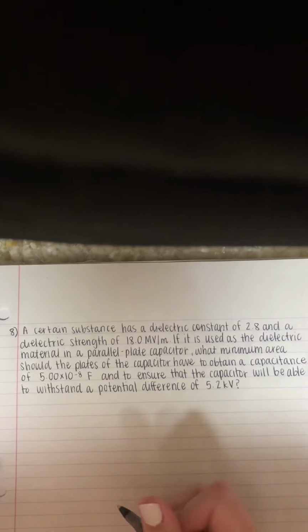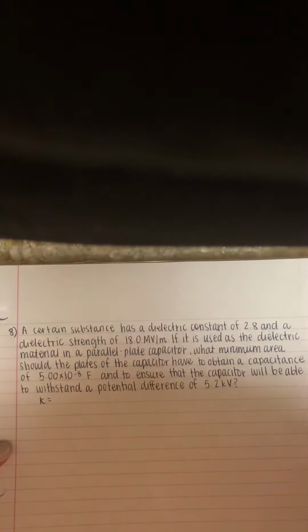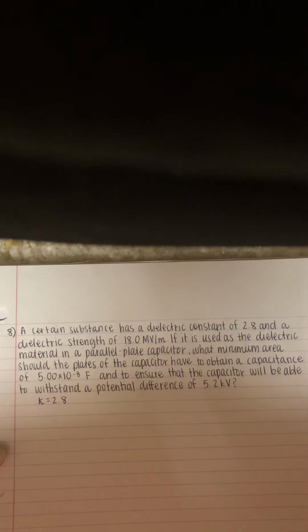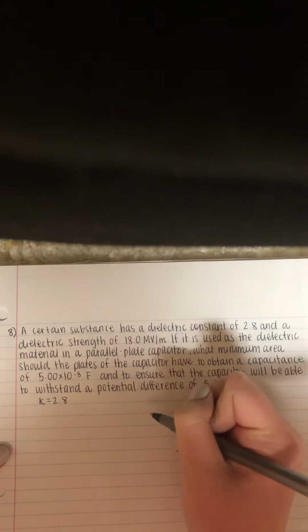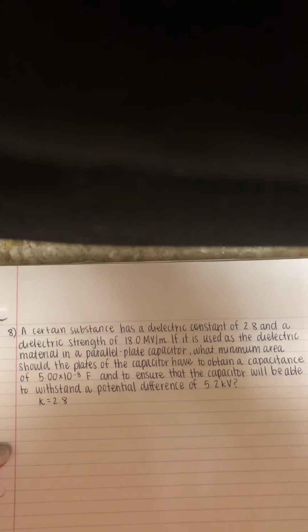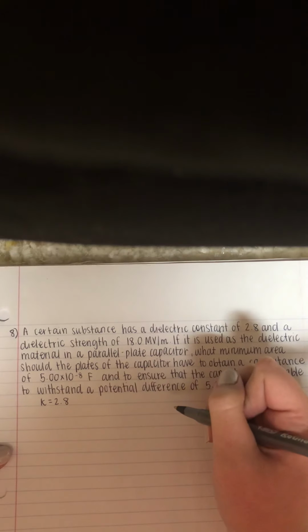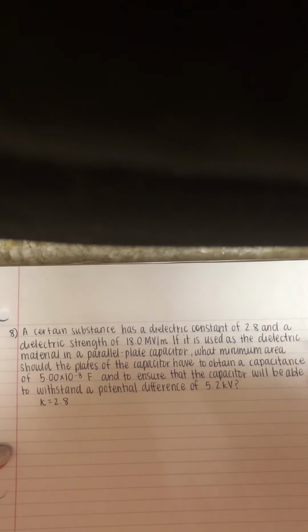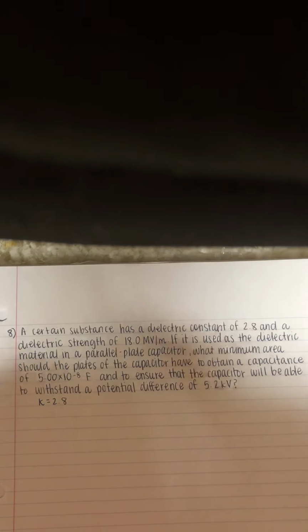So first, we have K, which is the dielectric constant, which is 2.8. The problem also gives us the dielectric strength, which is the maximum electric field that this capacitance can reach before going into electrical breakdown.